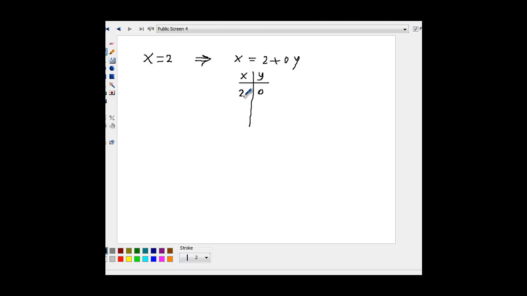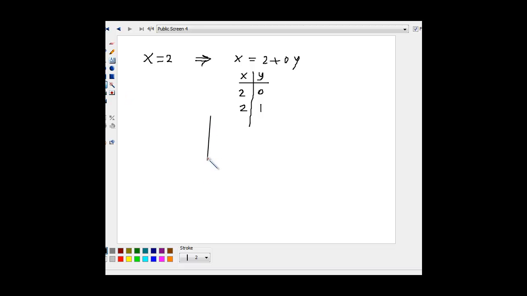Now, if y is equal to 1, pay good attention here so you don't make the same mistake like the last time. If y is equal to 1, can you tell me what x would be? Remember its coefficient is 0. So it doesn't matter what you put here, this whole thing would be 0, right? 2, excellent. So now you got it.